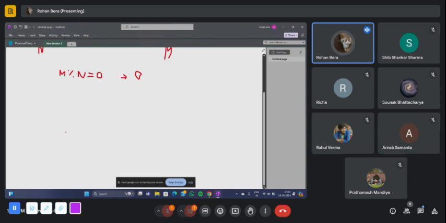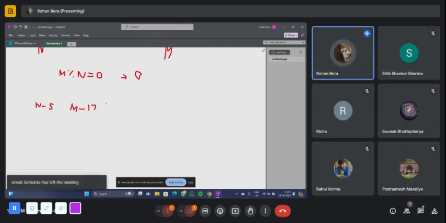Now suppose I have a value m which is not divisible by n, like suppose n is 5 and m is 17. You can see clearly that these cookies can't be equally distributed among n people. So in this case, I need to either destroy some cookies or add some cookies. How many cookies can I destroy to make it equally distributable?